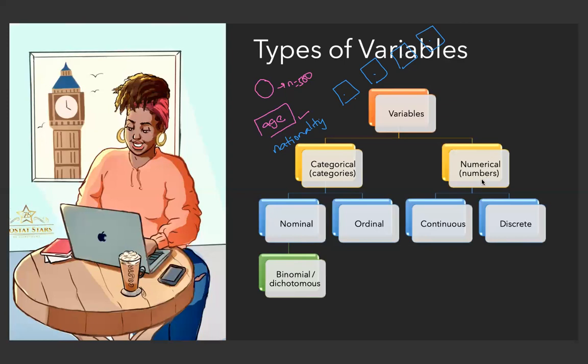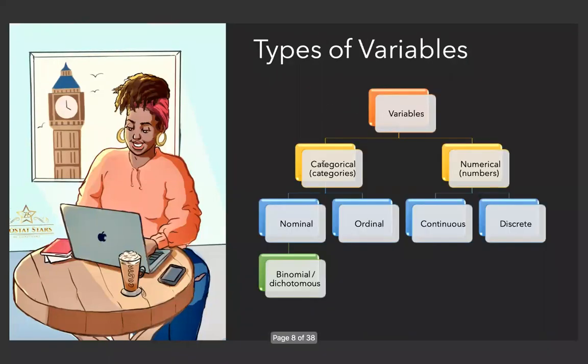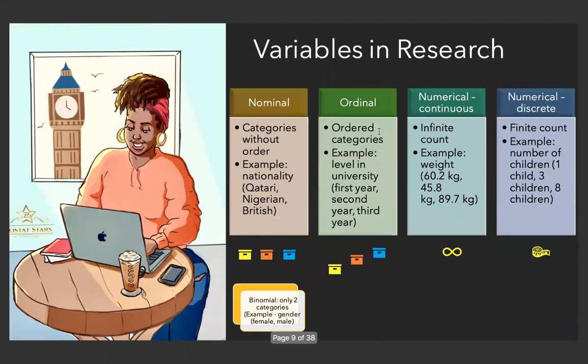Now, the numerical variable is also further classified into two types: continuous variables and discrete variables. So this is just the basic classification. Now, let's understand it using examples. I hope you can have this image in your head, where variables are first classified into categorical.